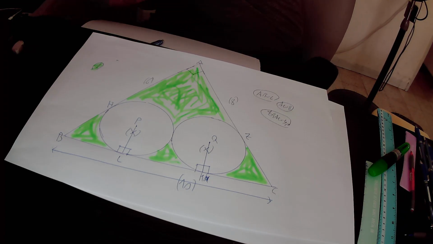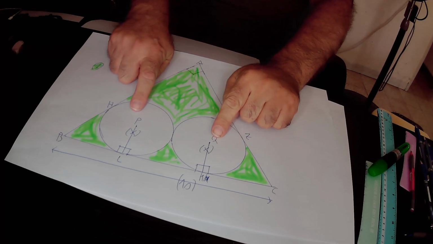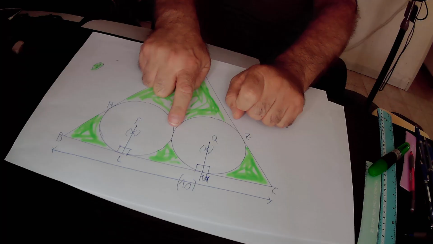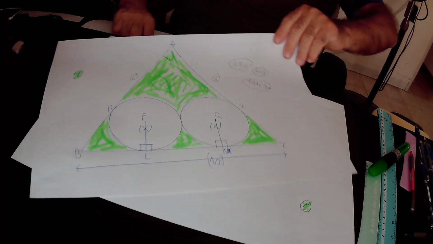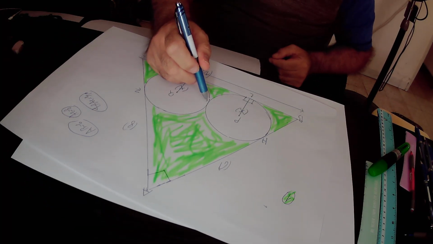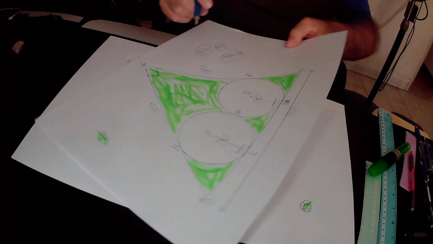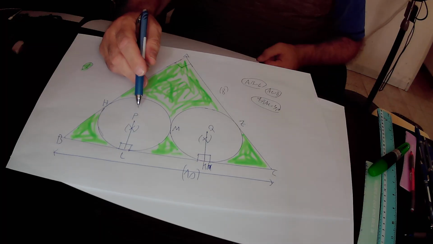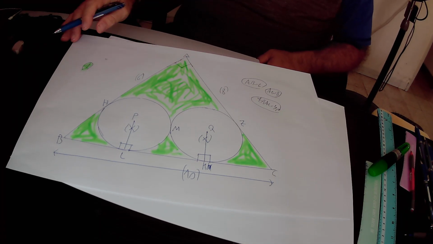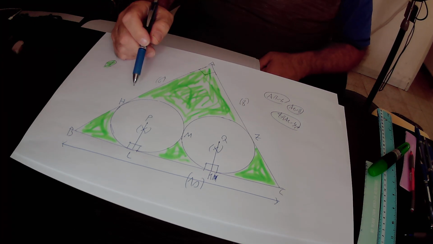In our drawing, those two circles touch each other externally. At this point, we find their touching point. This point is point M. The center of this circle is at point P. The center of this circle is at point Q. The straight line that connects the centers together is of course the straight line PQ.